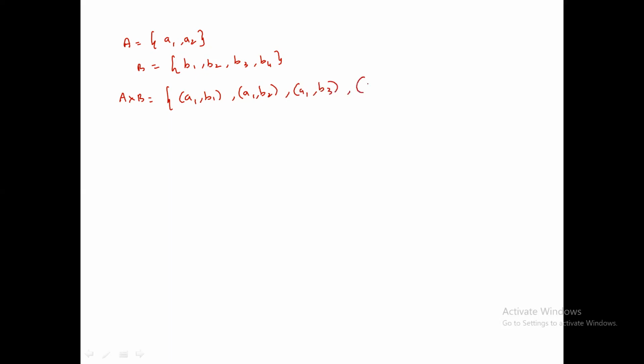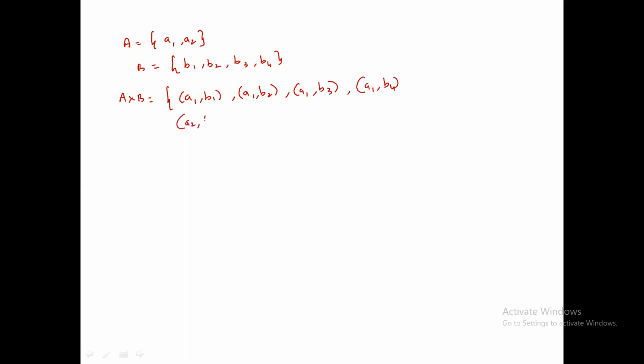A is a set having A1, A2. B is a set having B1, B2, B3, B4. Now you have to find A cross B. So what are the ordered pairs you will make? With A1, you can take (A1, B1), (A1, B2), (A1, B3), (A1, B4).